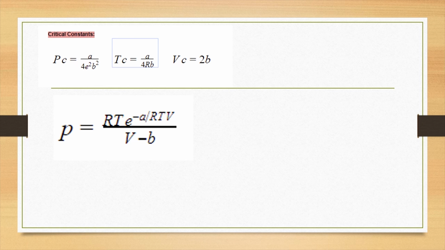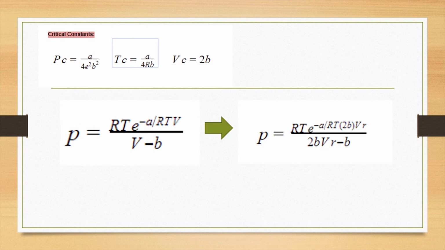And the critical volume is equal to 2b. And we recall the Dieterici equation, which is P is equal to RT times e to the power of negative a over RTV, all over V minus b. And take note that V represents the molar volume.